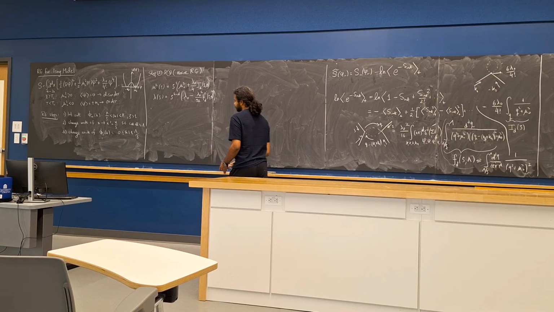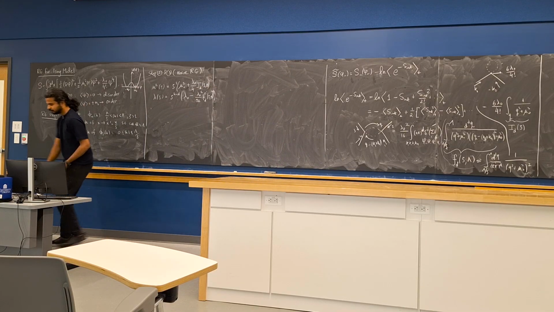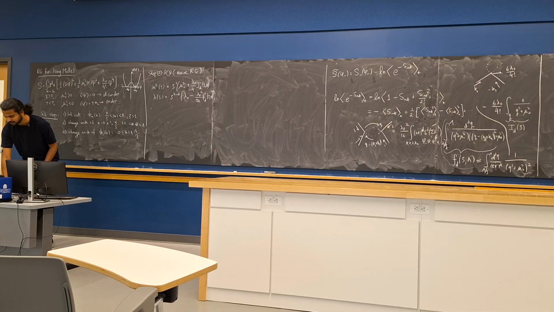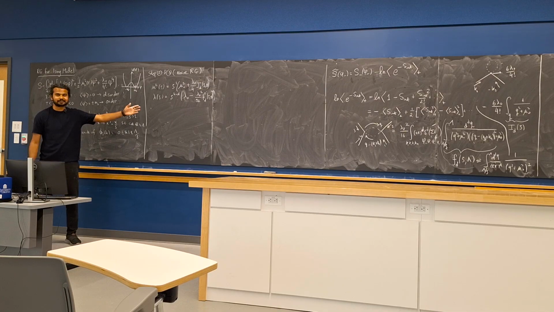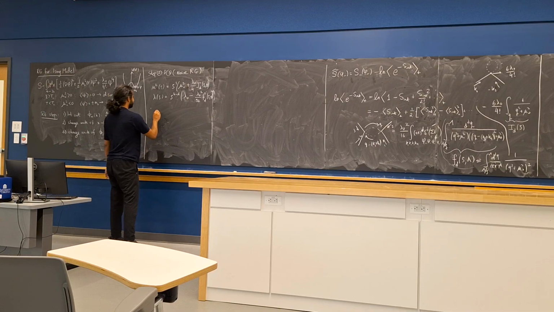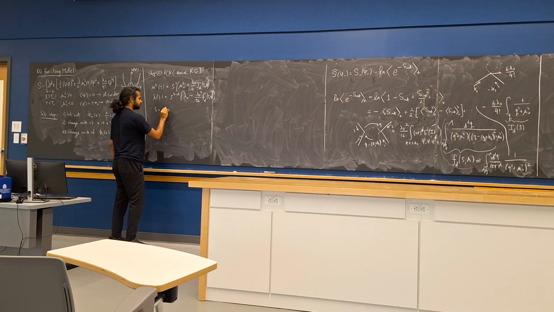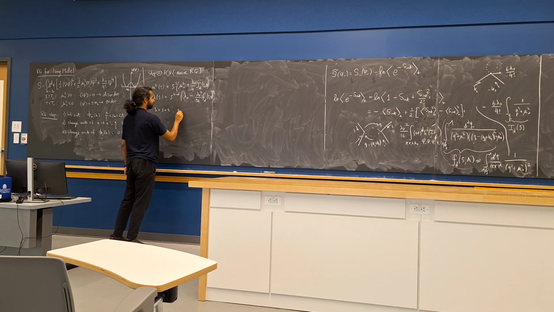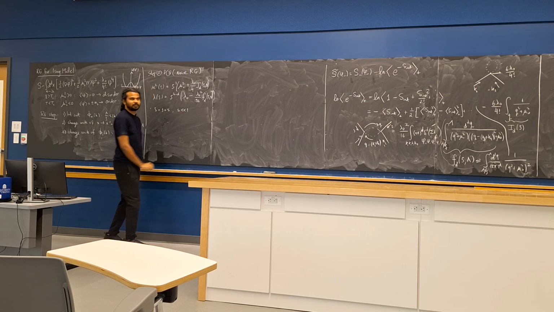So first of all, what we do is we just approximate these integrals, right? Let's assume that zeta is 1 plus s with s very small.